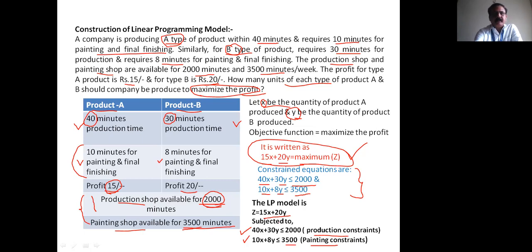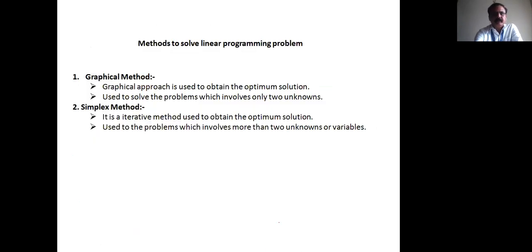Then the next point is methods to solve linear programming problems. Various methods are available to solve linear programming problems. The first one is the graphical method and the second one is the simplex method.